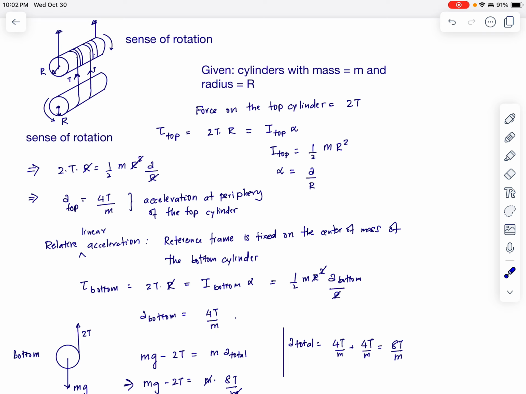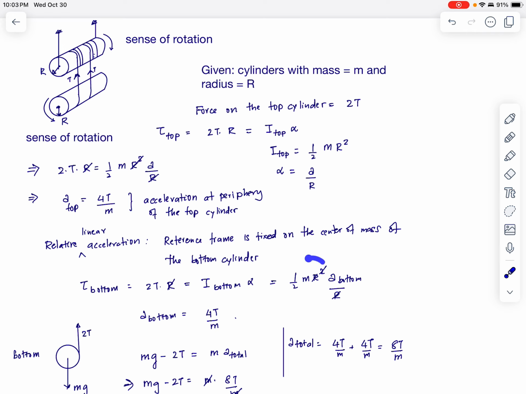So now we fix a reference frame on the bottom cylinder, at the center of mass. The reference frame is also moving with respect to the floor. In this reference frame, the torque is equal to 2t, that's the total force, times the radius, and that equals I times alpha.